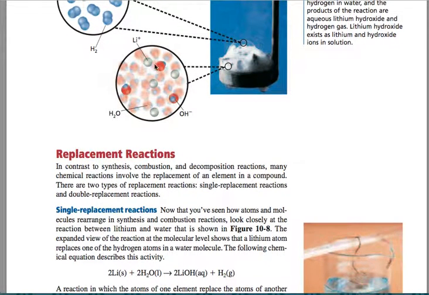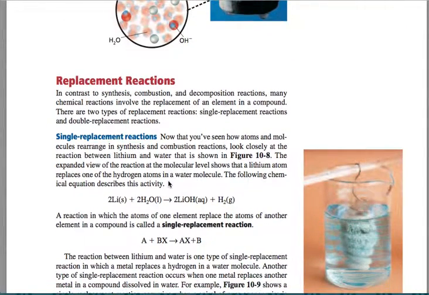So here is lithium, and here is the OH negative, and it's releasing hydrogen, and the lithium is in here with the OH. So the following chemical equation describes the activity. 2 lithium and 2 water react to produce lithium hydroxide and hydrogen.